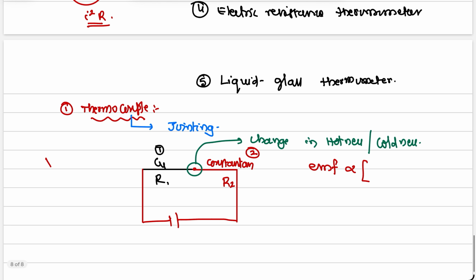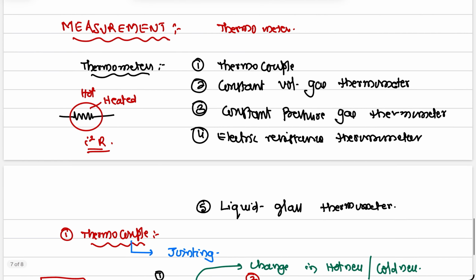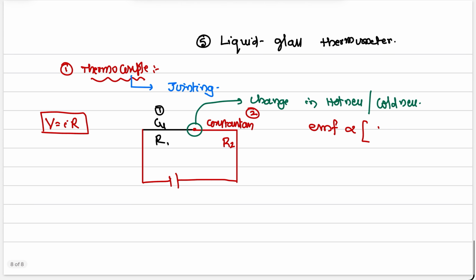If you see in overall sense, in voltage, EMF is directly proportional to resistance, and resistance, we have already seen, is directly proportional to hotness and coldness. That means T hot minus T cold. Are you able to understand?